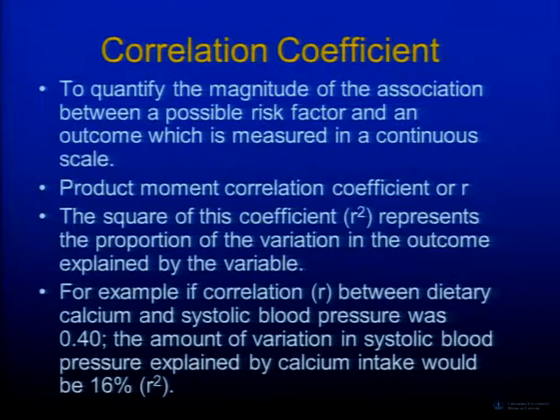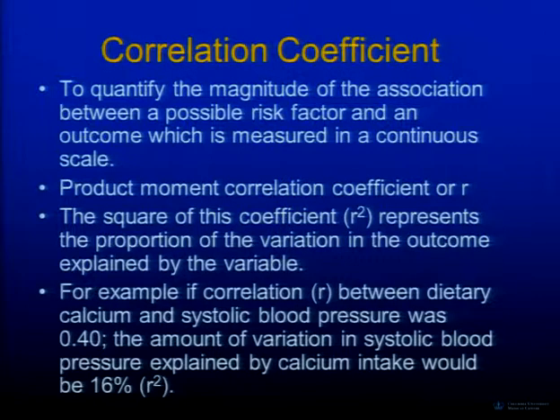And this correlation coefficient just kind of talks about how strong is the association between a possible risk factor and the outcome that's measured continuously. So we use the R squared to talk about the proportion of the variation in the outcome explained by the variable. So let me just give you an example that's shown here.